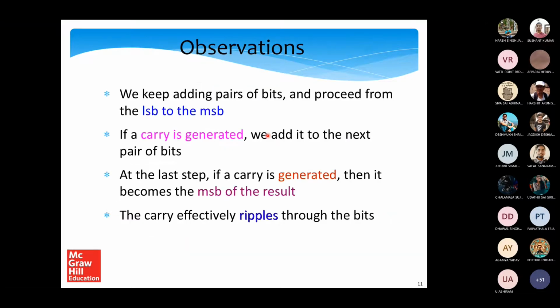So we keep adding pairs of bits and proceed from the LSB to the MSB. If a carry is generated, we add it to the next pair of bits. At the last step, if a carry is generated, it becomes the MSB of the result. So this carry effectively ripples through the bits. That's why it is called a ripple carry adder.